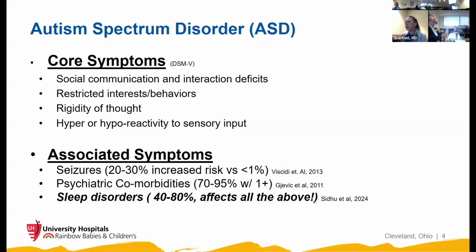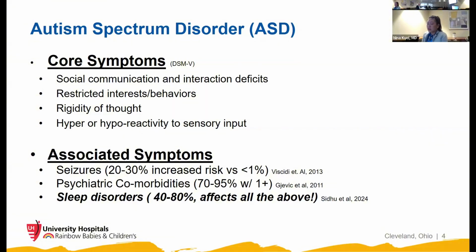And then associated symptoms are things that are at increased risk and greater prevalence within the autism population. For example, seizures. The general population has less than 1% general risk for seizures, but in autism, that risk actually increases to 20 to 30% overall. Psychiatric comorbidities, we all well know that lots of people in the general population have this: anxiety, depression, bipolar disorder, OCD, all of the above.